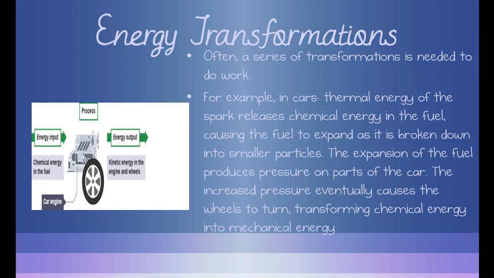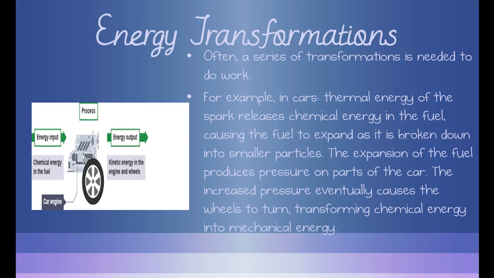Most often, though, here on Earth, we need a series of transformations to do work. Let's use cars, for example. In cars, we have an engine. When you turn the ignition, in my car I don't have a key, I just press a button, but it's the same thing. A spark is lit, and it releases chemical energy in the fuel. The fuel expands as it's broken down. Remember, those atoms have stored chemical energy.